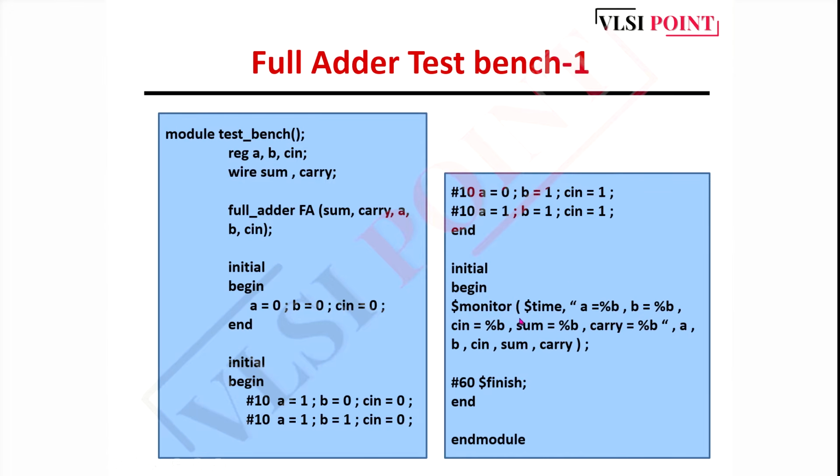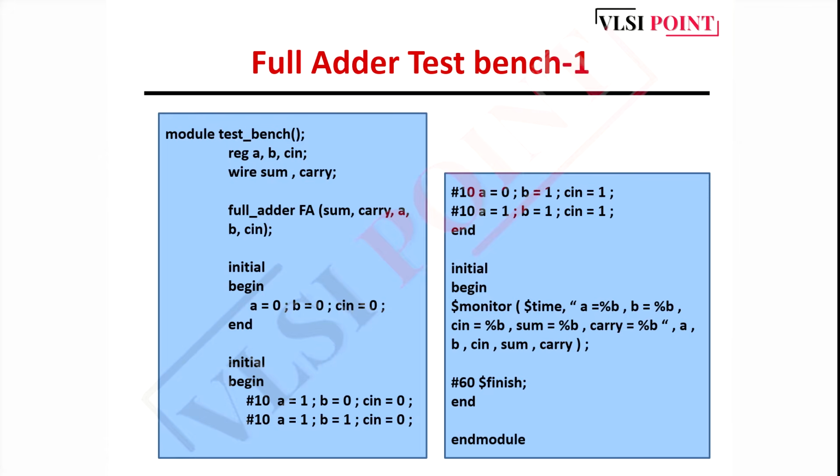Try to use this $time, because whenever you check your terminal, with $time you will get at what simulation time you are getting what output. Then we have given the values A, B, C in, then sum, carry, and here we have given %b because we need to print the values in binary format, and then $finish and endmodule. In this manner we can write the test bench for the full adder circuit.